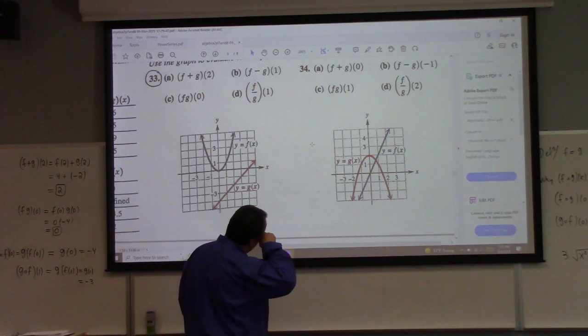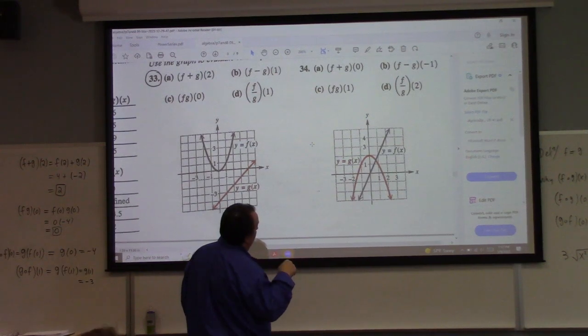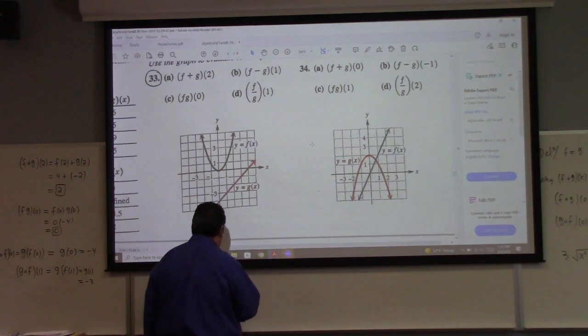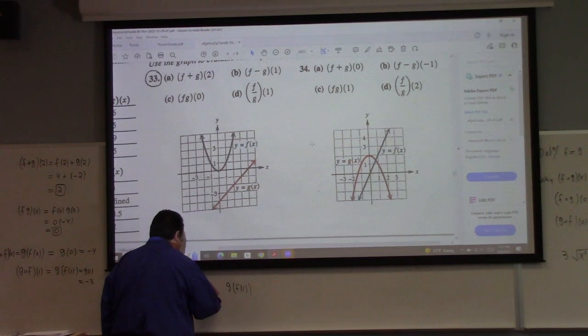Let's see here. Well, I'm trying to find something interesting. G of f of 1. So in other words, g composed with f of 1 equals what?